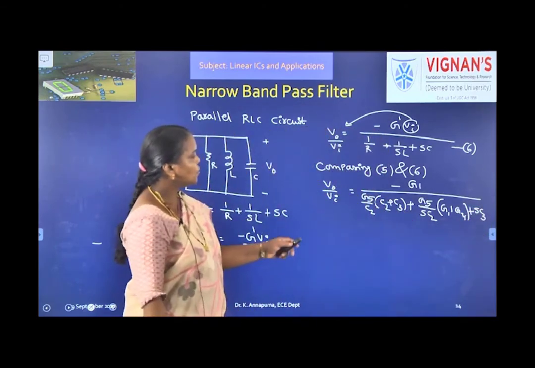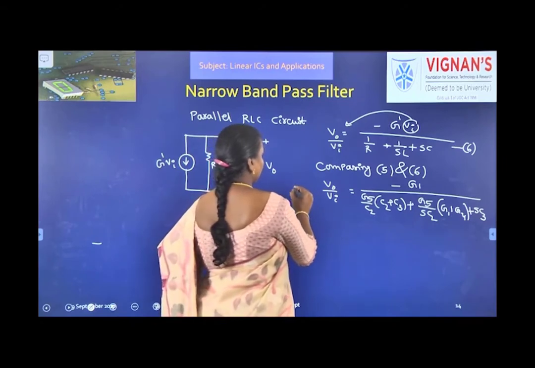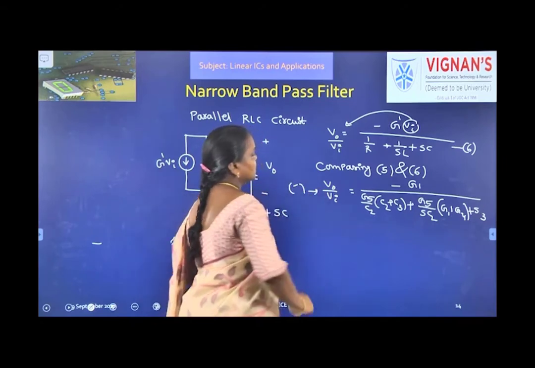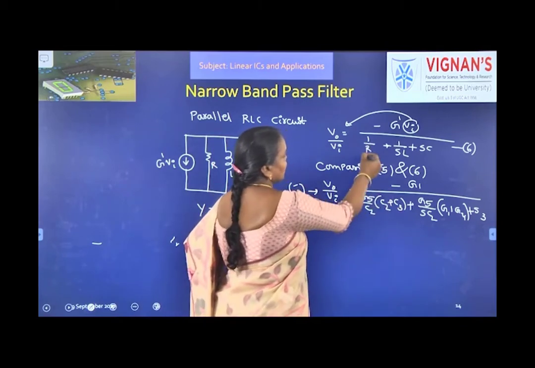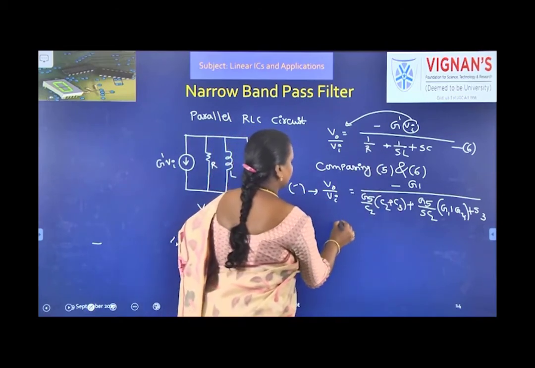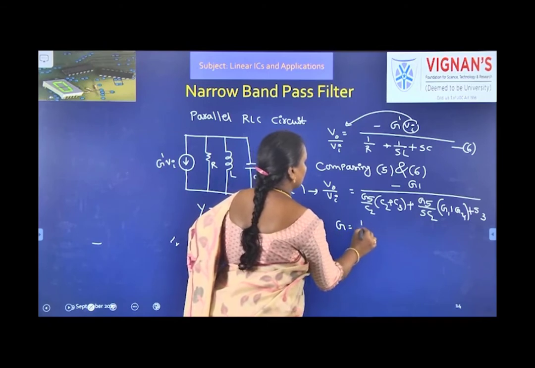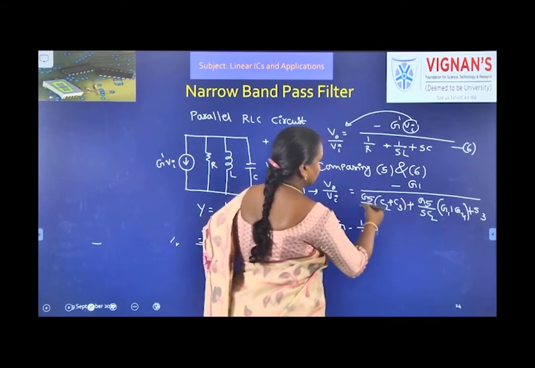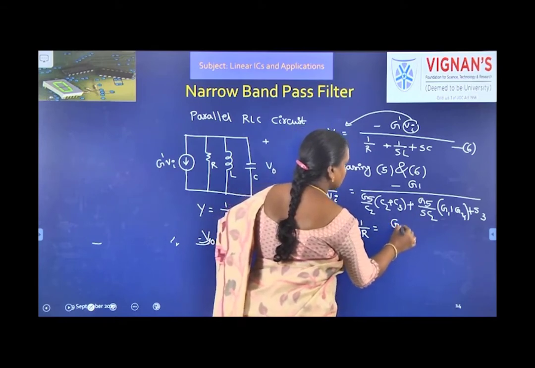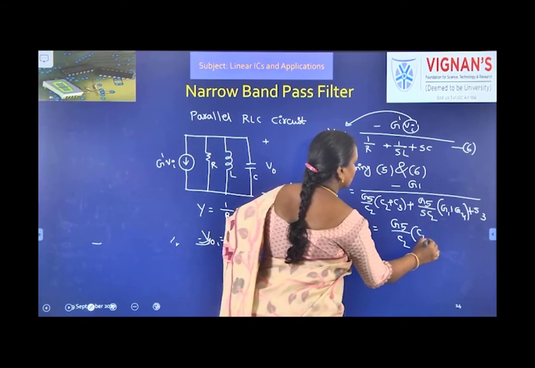Okay. Now you compare. This is equation number 5. So if you compare, this is the constant term. So 1 by R, that is G, is equal to, in the place of 1 by R we are having G5 by C2 into C2 plus C3.